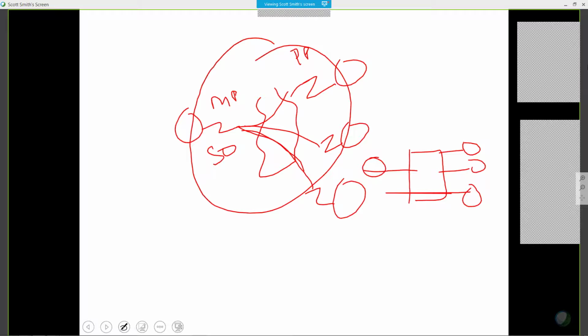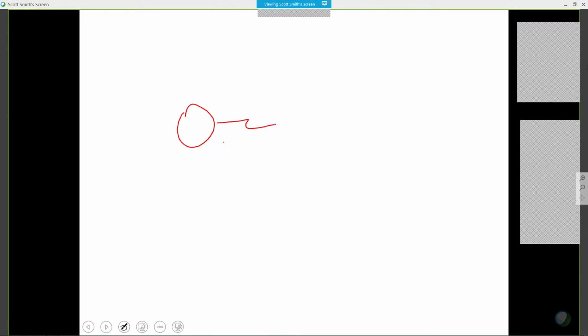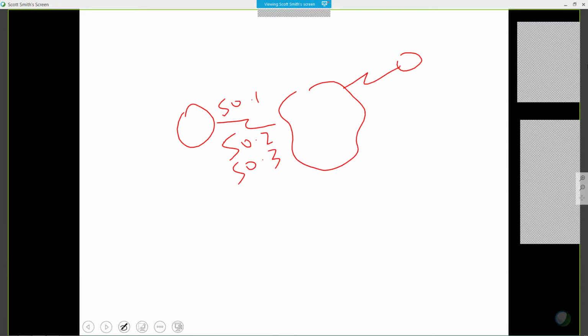Whereas, as we saw before, with sub-interfaces, S0.1, S0.2, S0.3, cloud, router 1, router 2, router 3, we have these PVCs, but they're tied to sub-interfaces. That's like a VLAN.